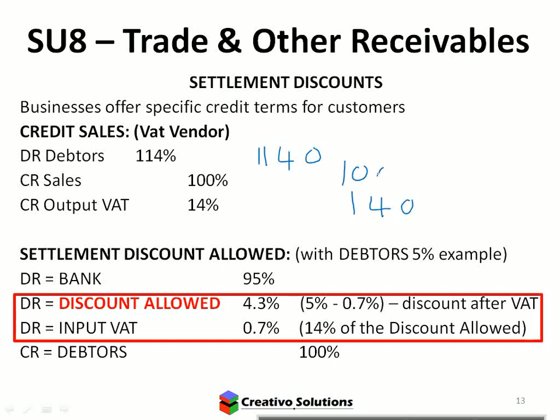Okay, the debtor bought 1,140 Rand worth of goods. The sale was 1,000 and the VAT would have been 14%. Okay.